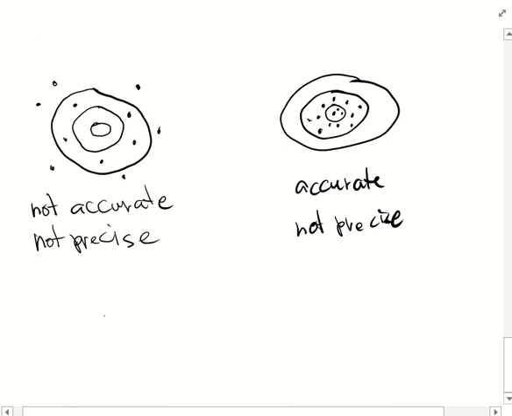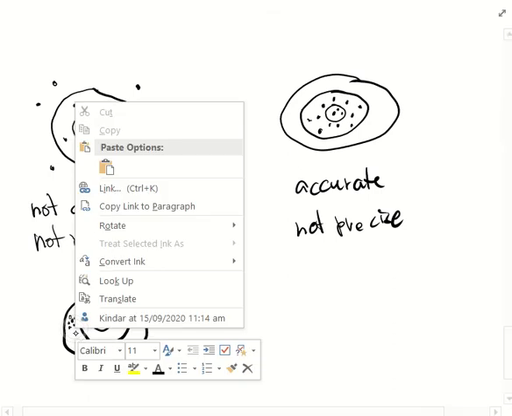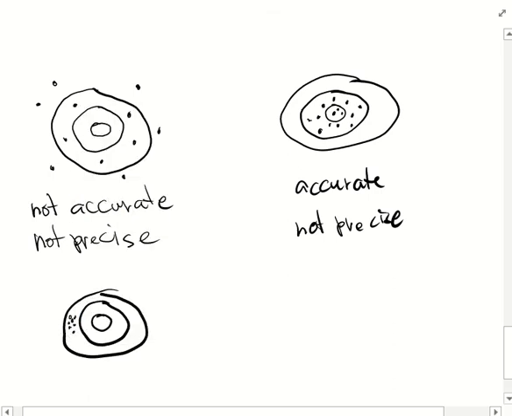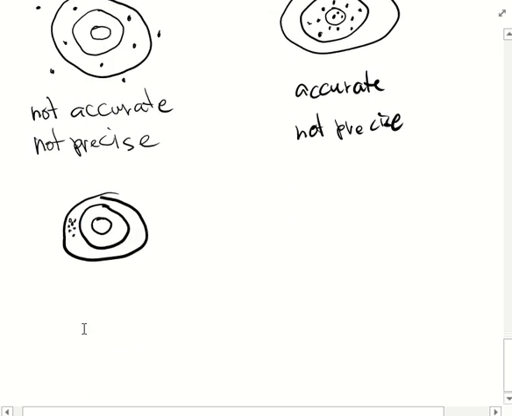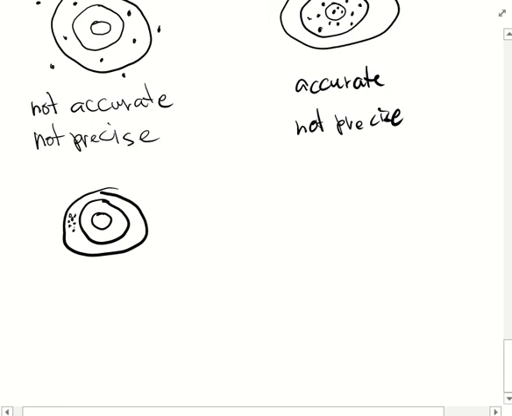How about this one? The arrow marks are very close to each other, but they are not accurate. They are far from the bull's eye circle, so it's not accurate.